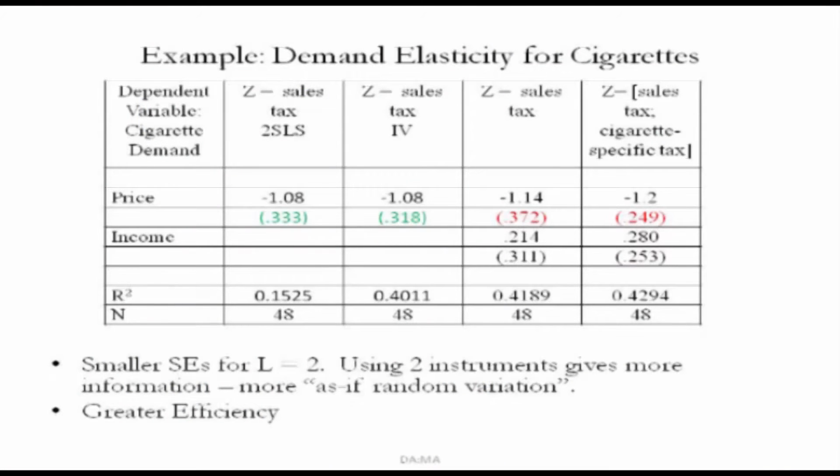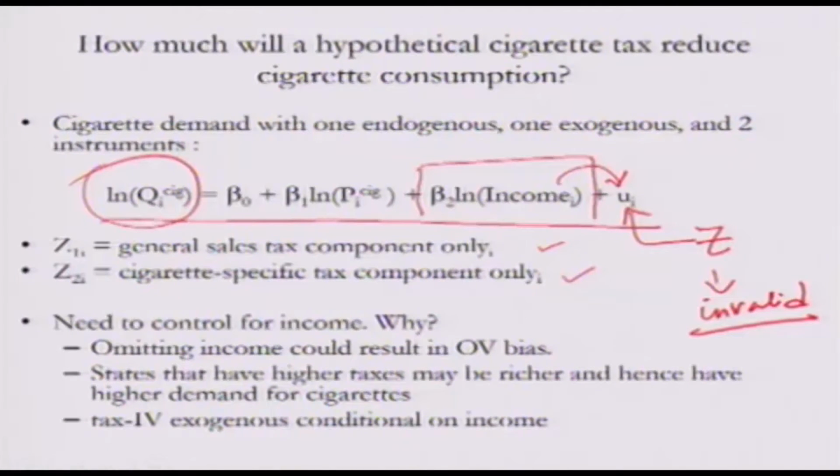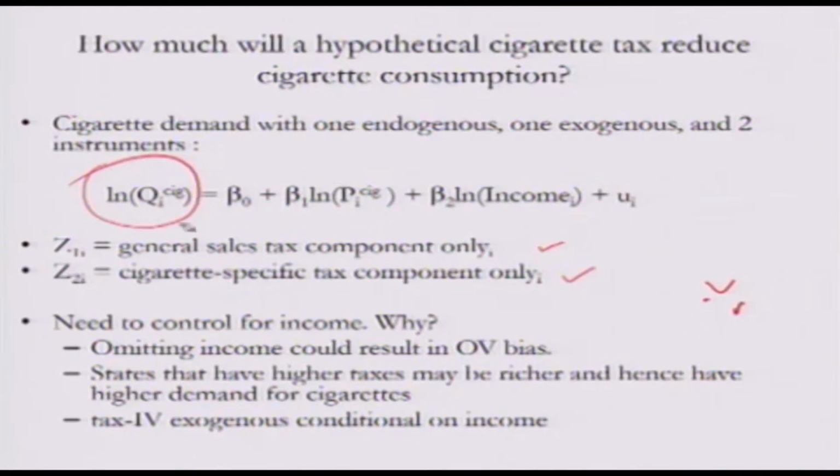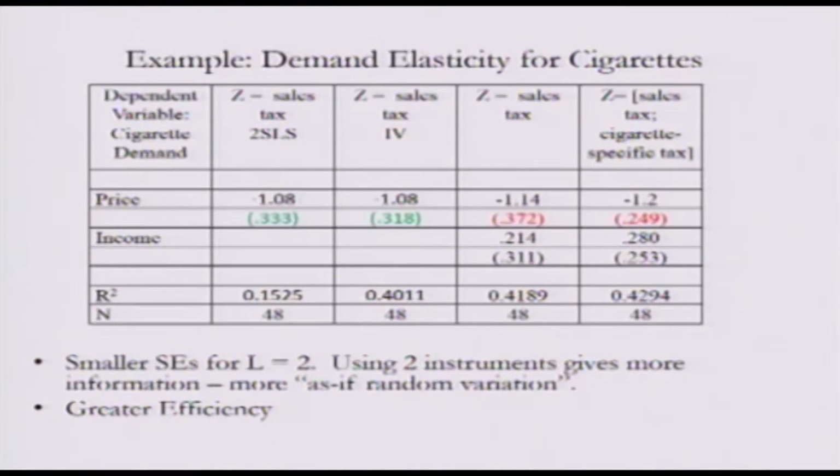Okay. So, let us look at the simulation results of such an exercise. What you have over here is columns showing you the estimate of beta in the previous equation that you saw. The very first column estimates the demand for cigarettes on the price of cigarettes and income, but the first column does not include income, as you see.